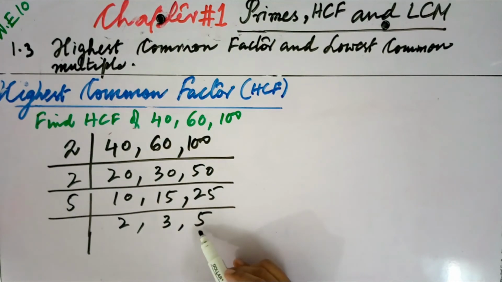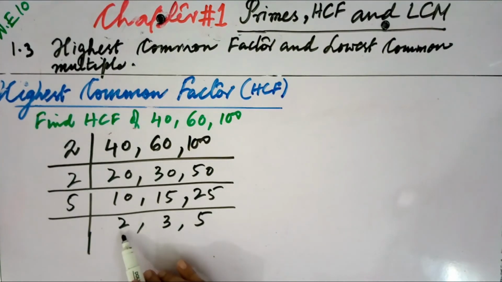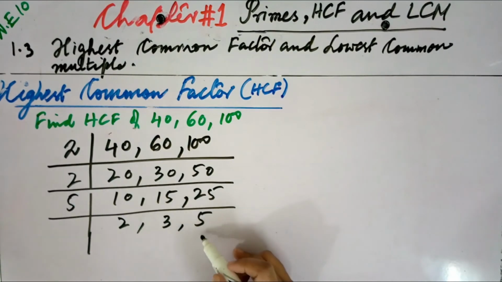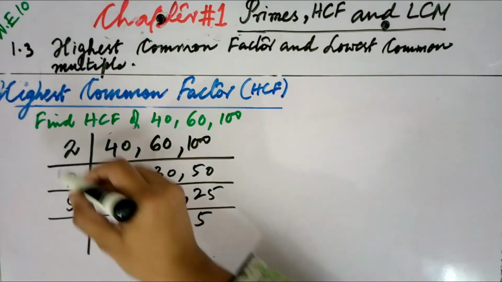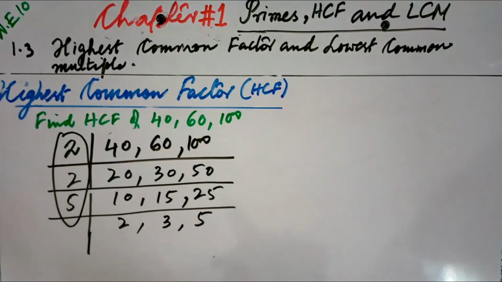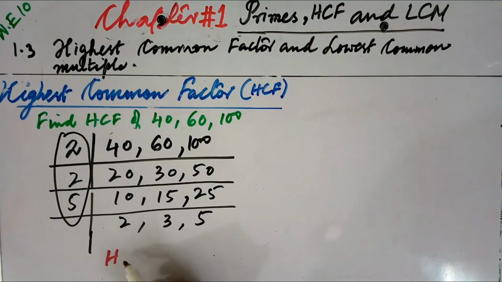Now we have to stop over here because there are no common prime factors between the numbers. You have already seen that there is no common prime factor between these three numbers. They are 2, 3 and 5. Leave it as it is. And now what would be the HCF?